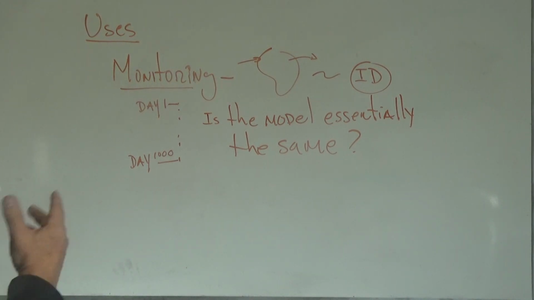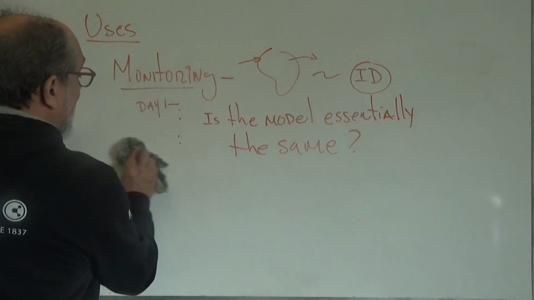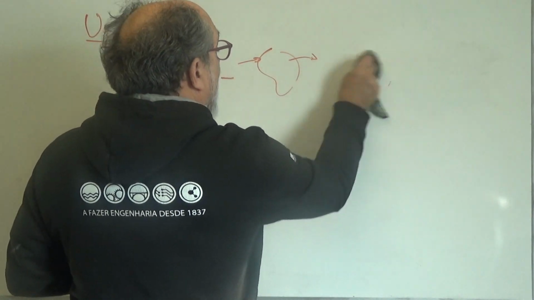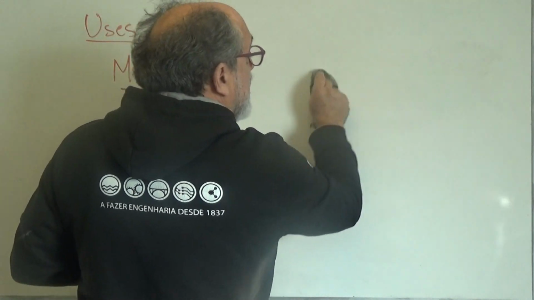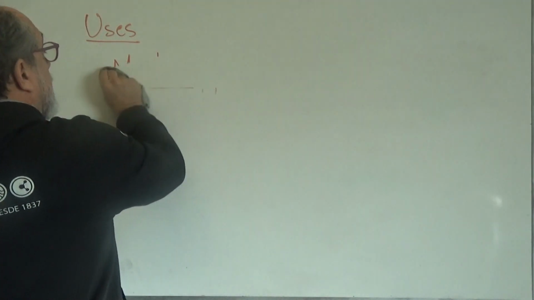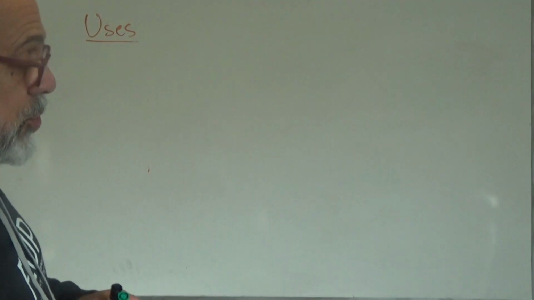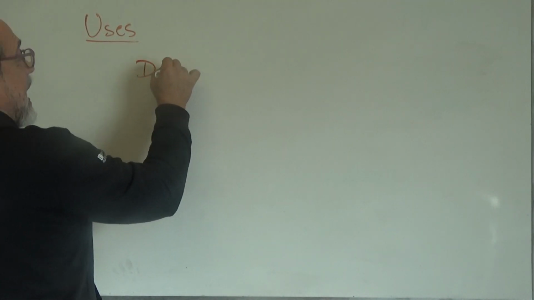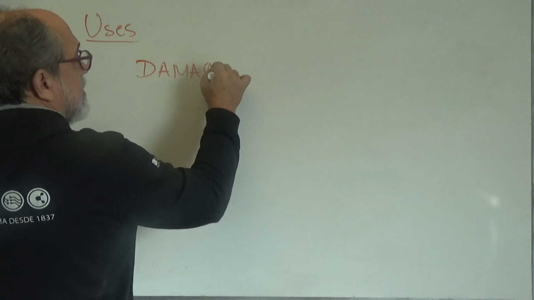Of course, monitoring can be changed to, we can ask various things, because if the answer is that something has changed, then we say, okay, the structure has suffered something, or something has happened, right, that has made the structure, this identification model change, and so we might say that damage has been detected.